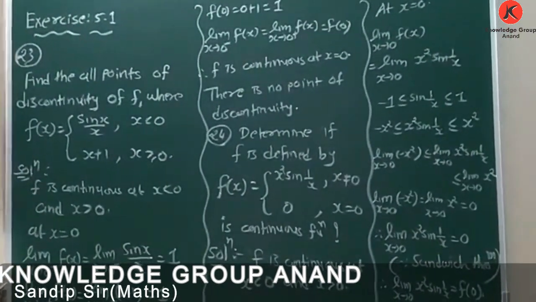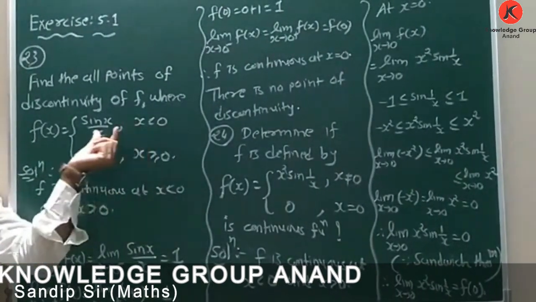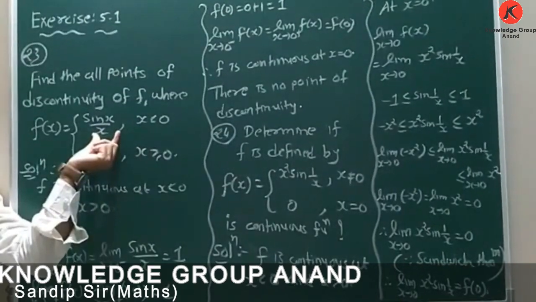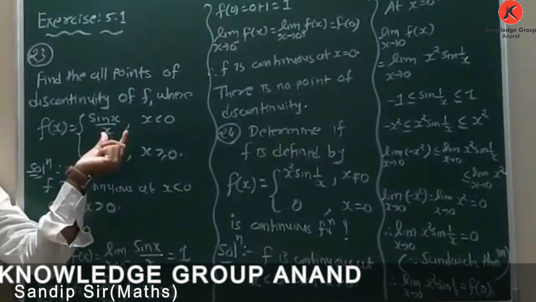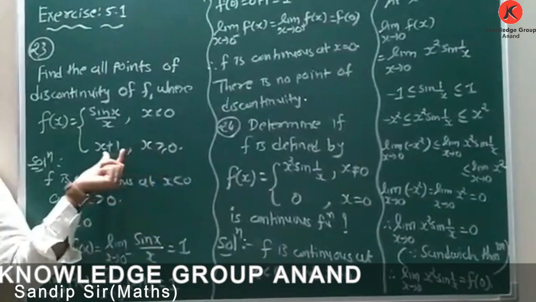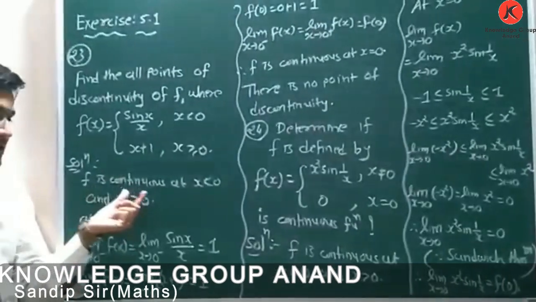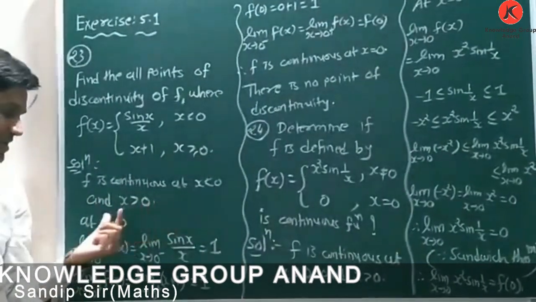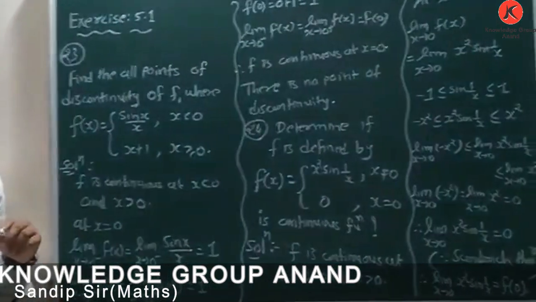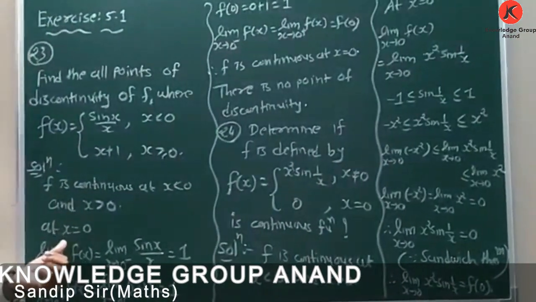First of all, for all values of x less than 0, the given function is the same, and for all values of x greater than 0 the function will be the same, so we can directly say that f is continuous at x less than 0 as well as x greater than 0. So you have to check at x is equal to 0 whether the function is continuous or not.